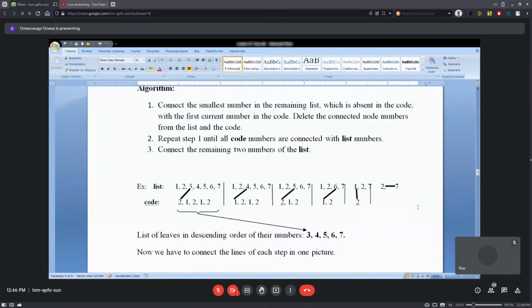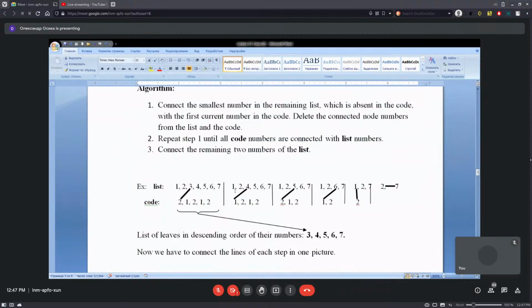Now here are the steps. List of nodes 1, 2, 3, 4, 5, 6, 7. Code 2, 1, 2, 1, 2. So we connect 3 and 2. They are already excluded from the list and the code.